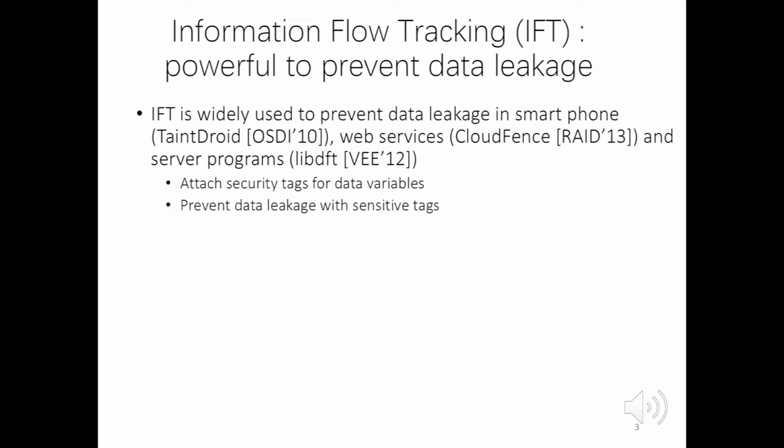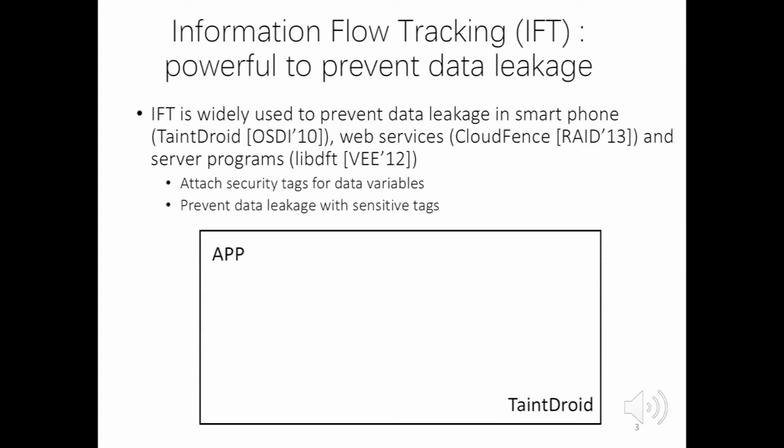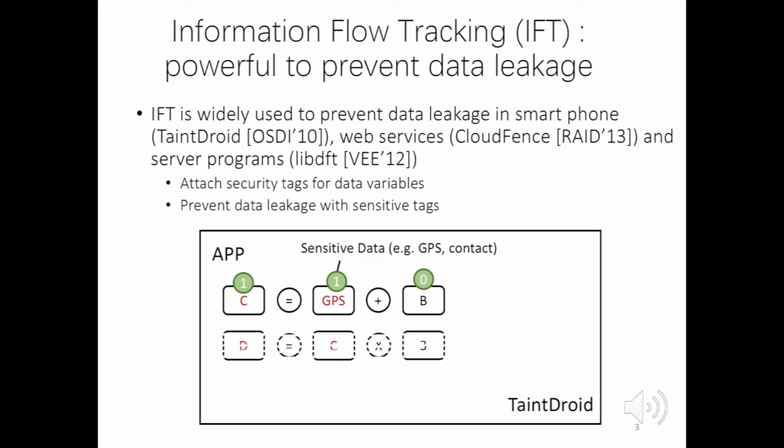Here, I use TaintDroid to show how IFT works. We have an application here, and it takes GPS data as input, so every variable, such as C, D, computed from the GPS is sensitive. Here, each sensitive variable is tagged with an integer label 1, and insensitive data is tagged with 0.